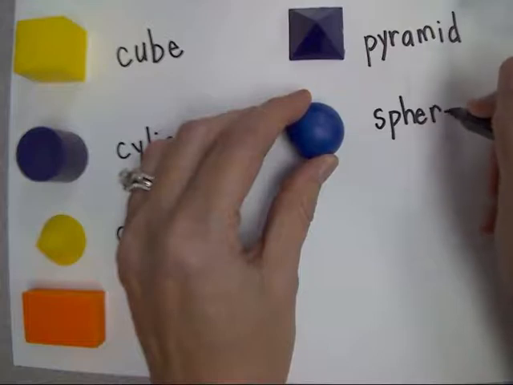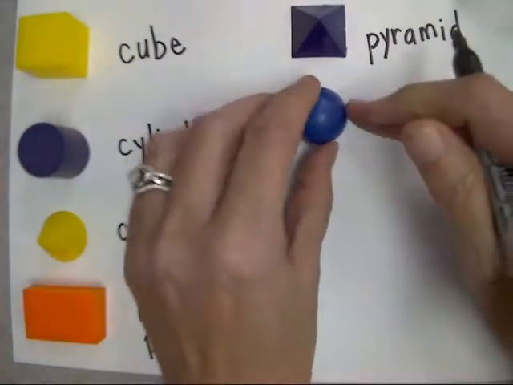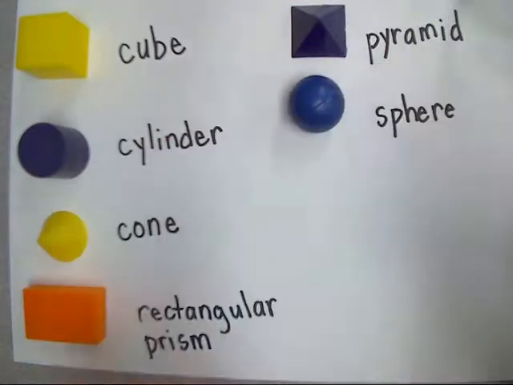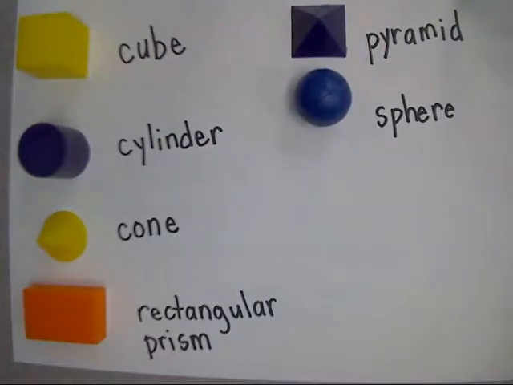This figure. And I think I'll have a hard time getting it to stop. There it goes. A sphere is very easy to roll, isn't it? So, boys and girls, these are some 3D shapes, three-dimensional shapes that we're going to have fun playing with.